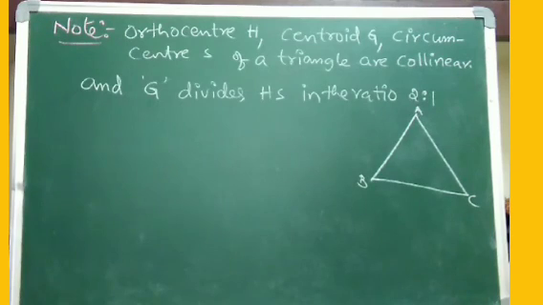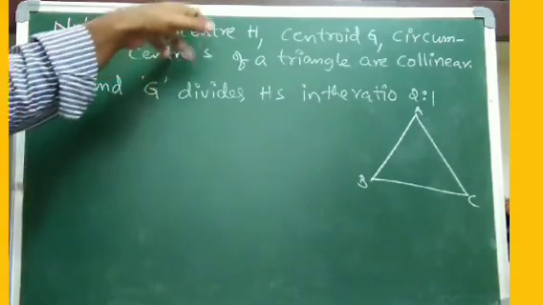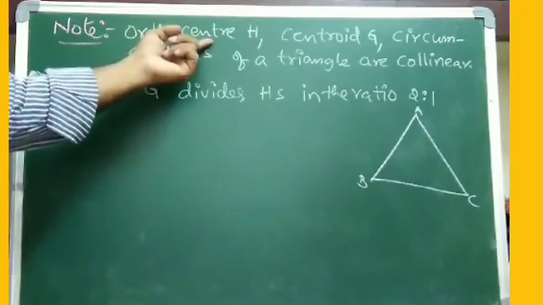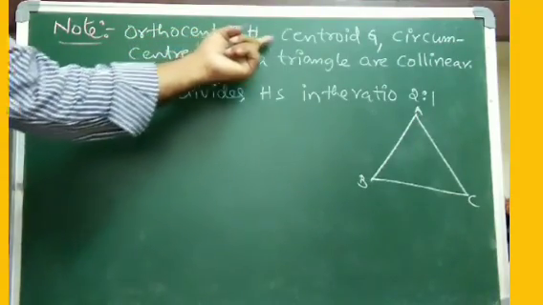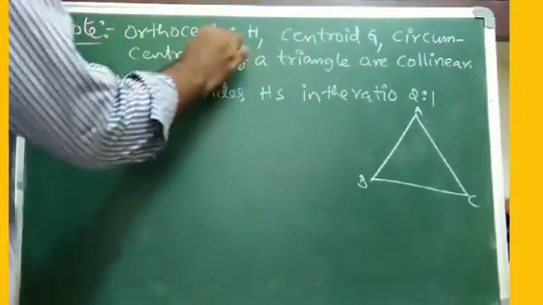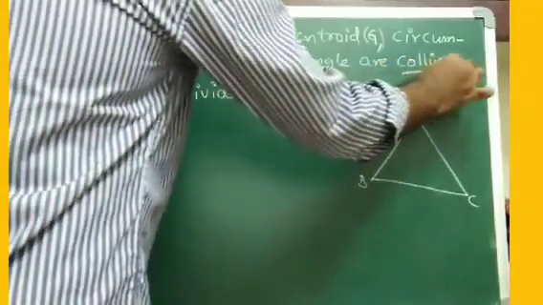Look at another beautiful result, which is very, very important. So finally, we discussed how to find the orthocenter, centroid, circumcenter and incenter of a triangle, isn't it? Now look at the beauty. The orthocenter, generally denoted by H, the centroid, denoted by G, and the circumcenter S of a triangle are collinear.